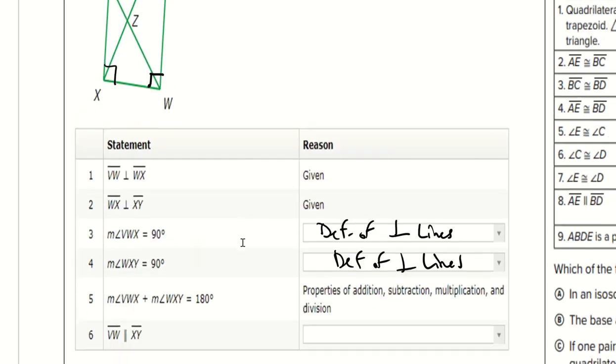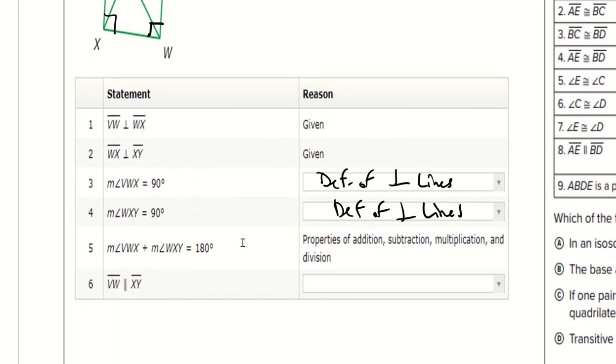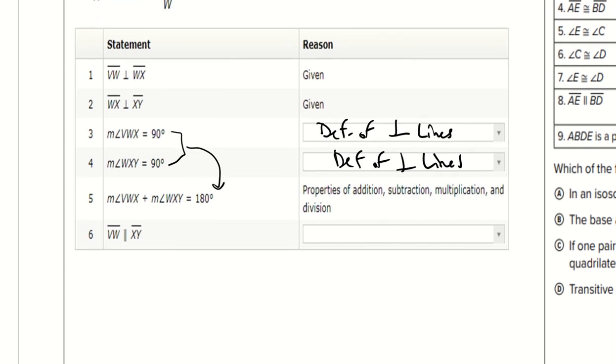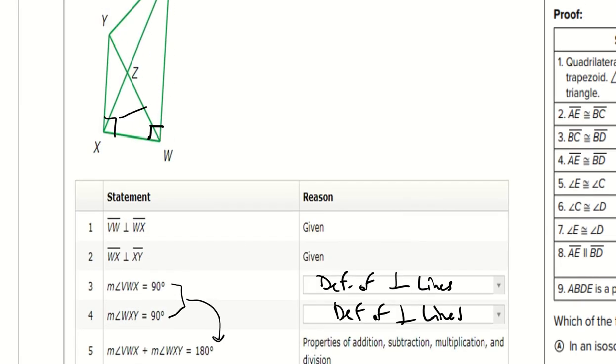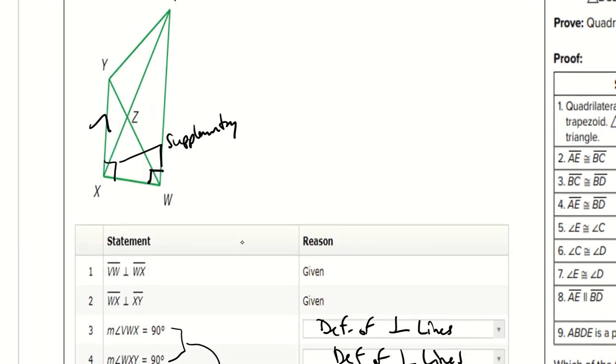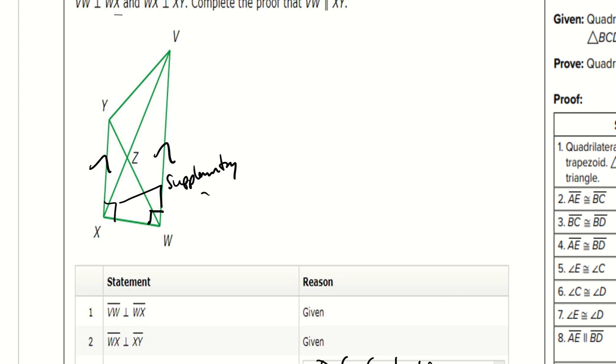All right, and in that case, if I were to add these two angles, obviously I'm going to get 180, right? By addition property. And then because these are supplementary, meaning they add up to 180, that means these two lines are parallel because of same side interior angles.